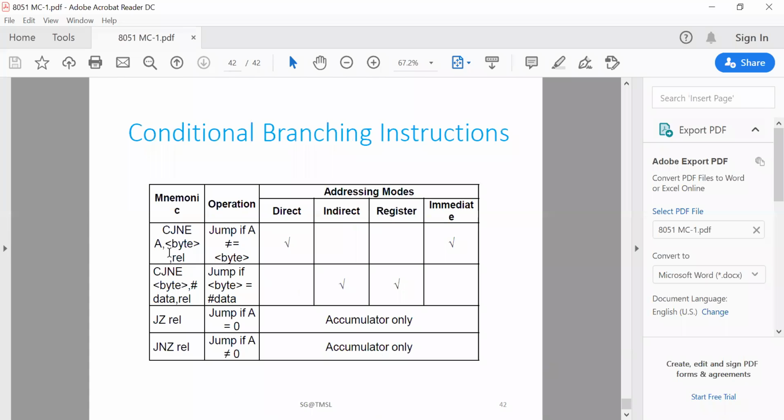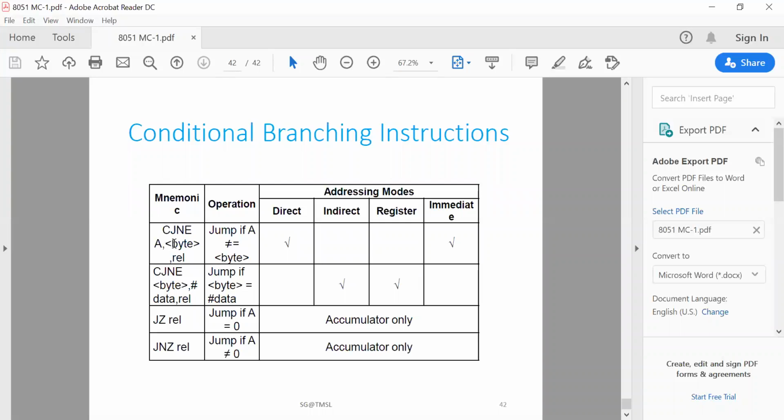Now conditional branchings are like this one, CJNE A comma a particular byte comma relative address. What does it mean? It means jump if A is not equal to a particular byte. Suppose 04 is there.